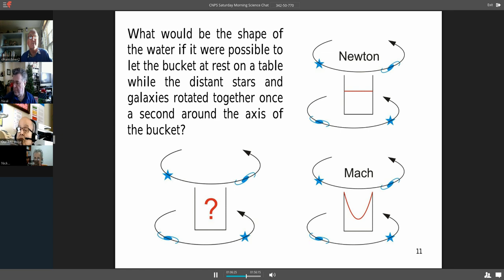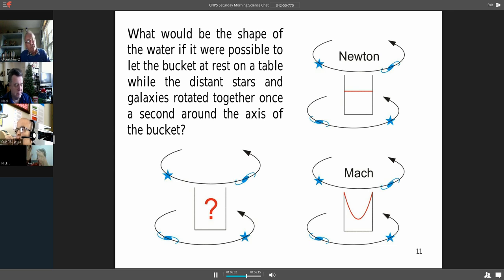Well, I had another Gedanken experiment. What happens if you completely remove all the universe and then spin your little bucket? What would be the result? According to relational mechanics, the concavity would essentially disappear. There would remain just a small concavity due to the rotation of the water relative to the ground.